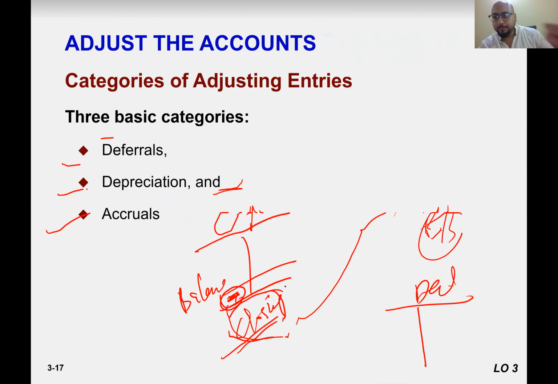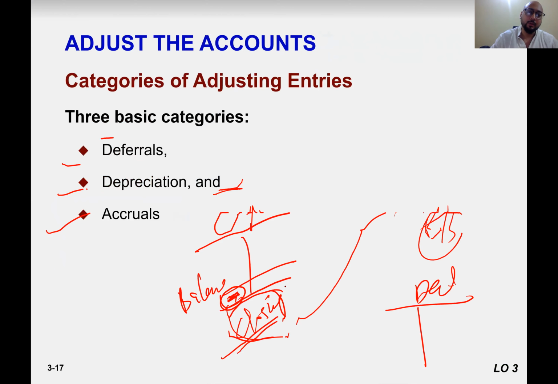So that is our closing figure, and then we put it on our income statement, and that is our revenue. Okay, and then you deduct from the revenue the expense, and you find out it is an income or a loss, right? So before going to the income statement, the financial statement, you close the account, right? Through adjusting entries.